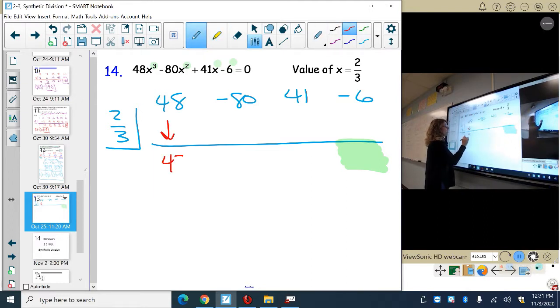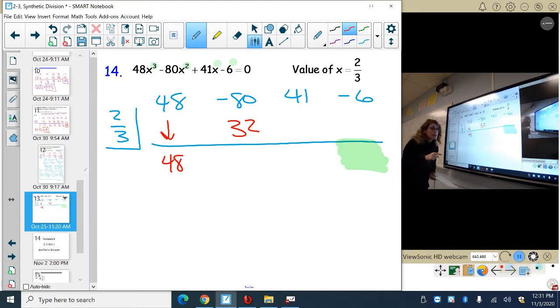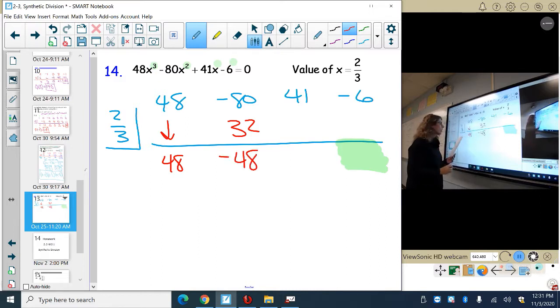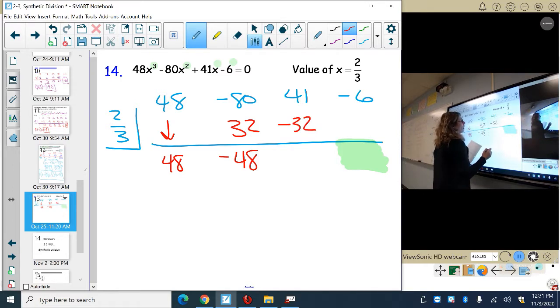Drop down the 48. 48 divided by 3 times 2 is going to be 32. 48 divided by 3 is 16, times 2 is 32. Then you're going to go ahead and add minus 80 to that to give you negative 48. Negative 48 divided by 3 is going to be negative 16, times 2 is going to be negative 32.